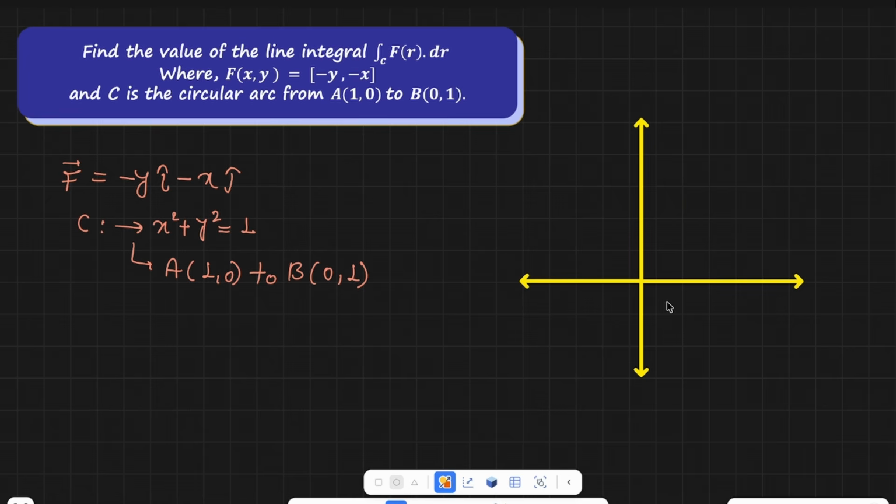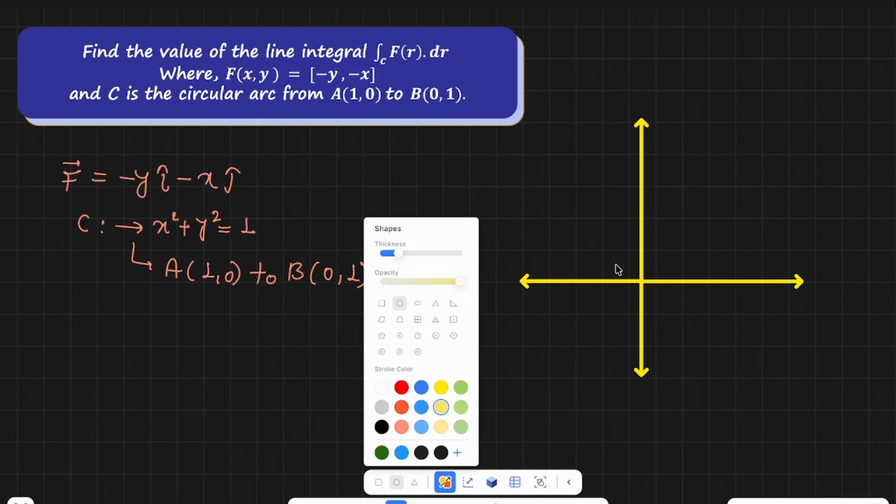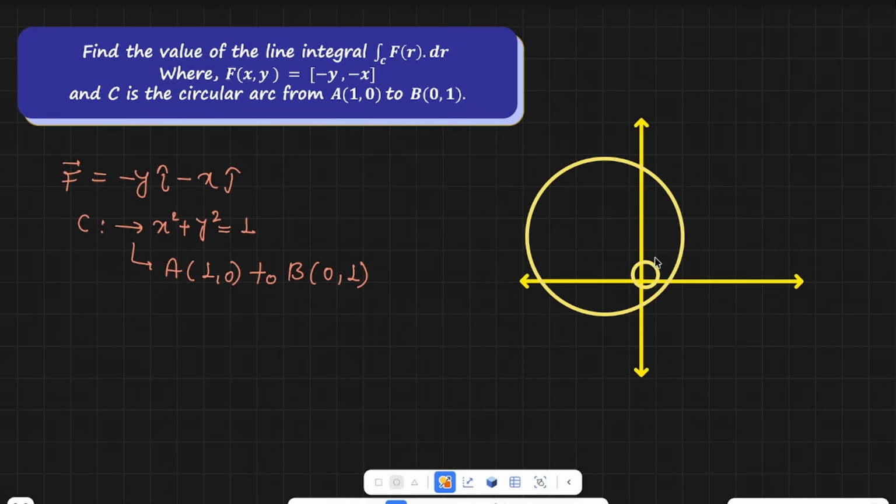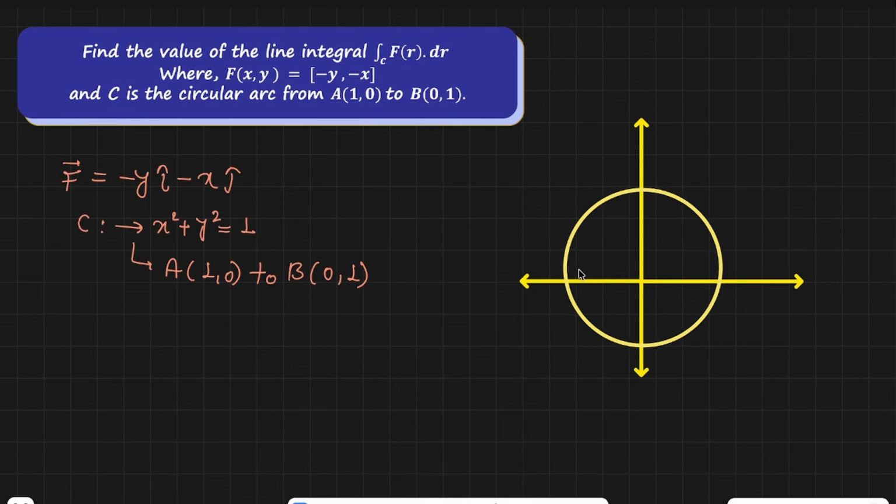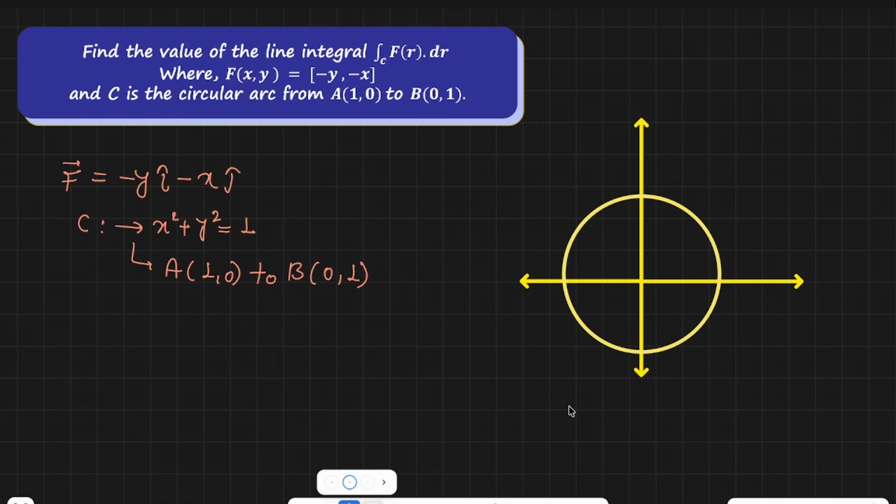Okay, let me draw the whole circle like this. So this is a circle of radius 1. Okay, this is (1, 0) and this is (0, 1). Of course, here x is 0 and here y is 0. So the integral is of this particular thing. We have to find out the integral from here to here, of this portion only.